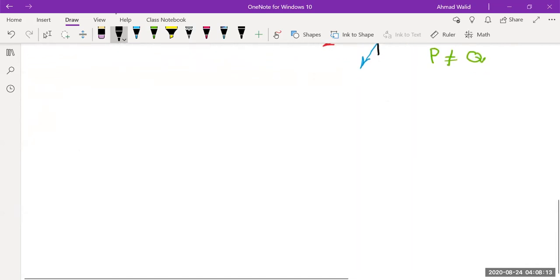Correct? Now, I'll do an example here for you. I'll show you that using the idea of the secant line, how you can find the slope of the tangent line. Then after that, I will discuss limits with you.